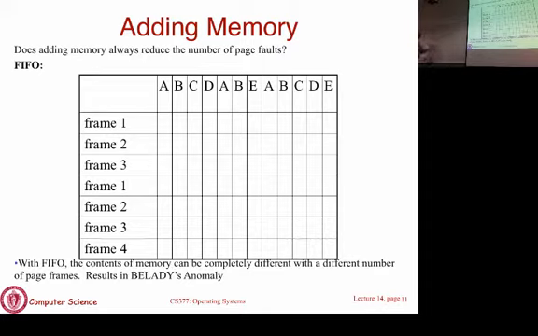First 4 are page faults, but you have 4 frames to play with. A is not a page fault, B is not a page fault, E is a page fault. So which is the oldest page here? A is the oldest page. E.